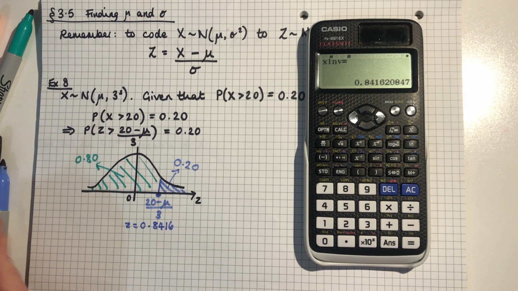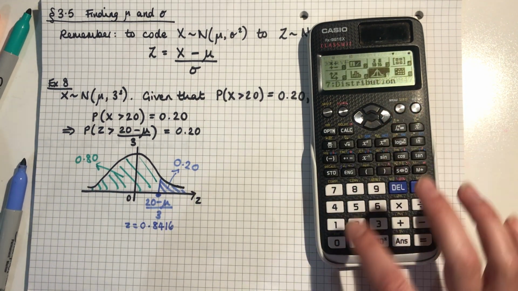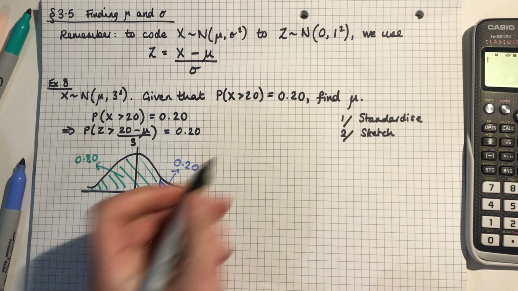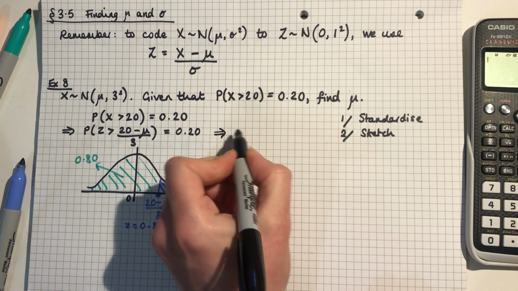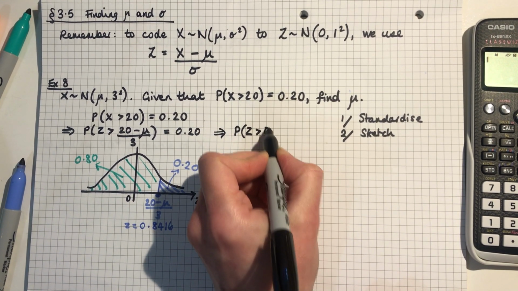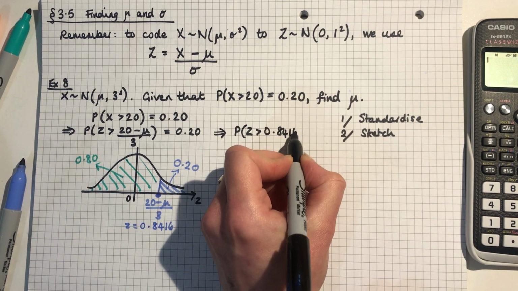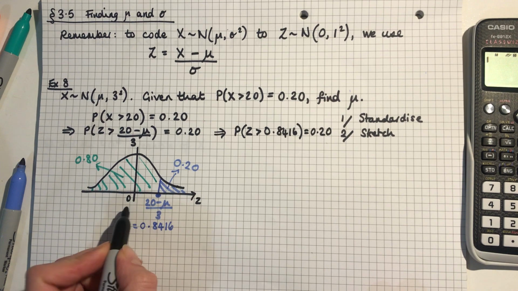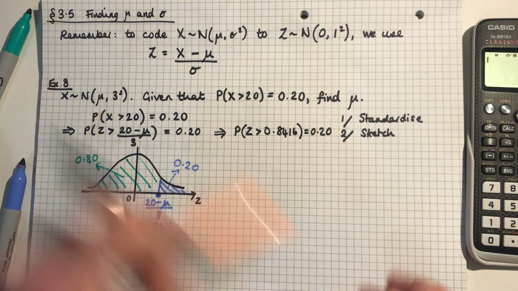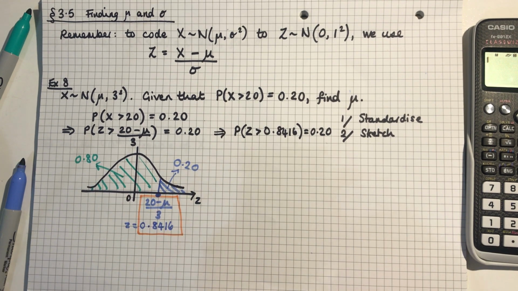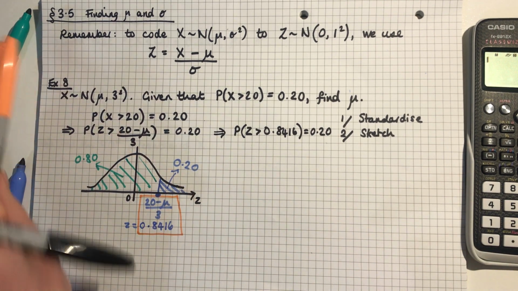So let's come back up here to the question. That means we know this. We know the probability that z is greater than 0.8416 is 0.20. So how do we use that? Well, basically, we're going to equate 20 minus mu over 3 with 0.8416 and work out what mu is from there.